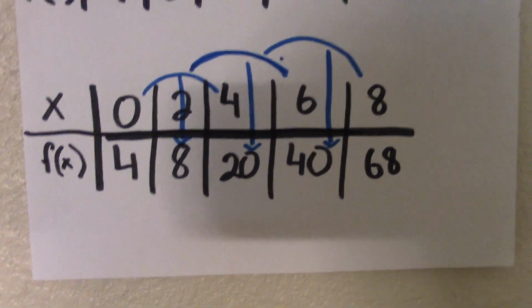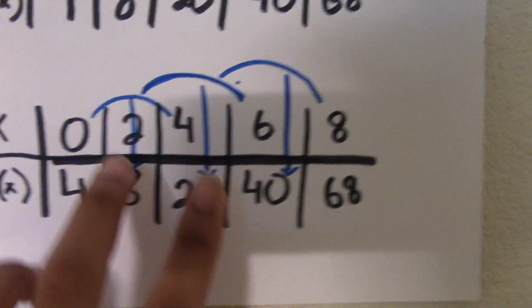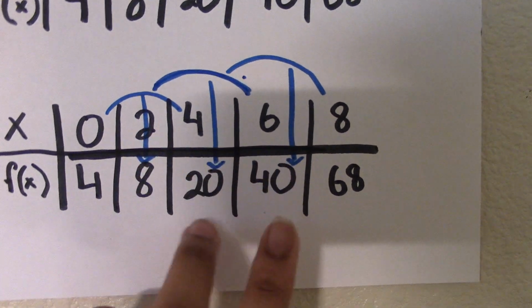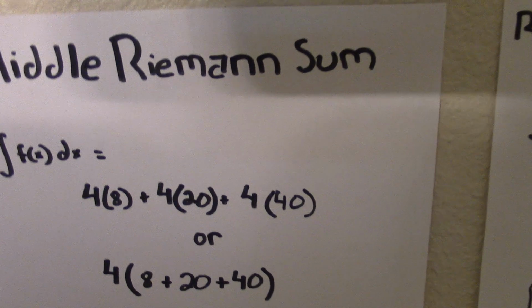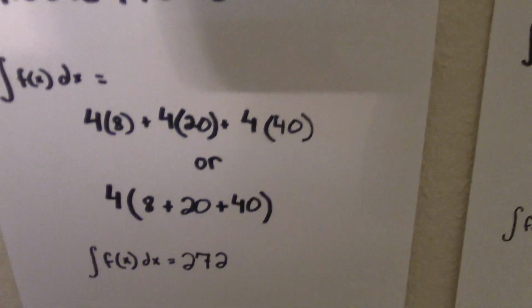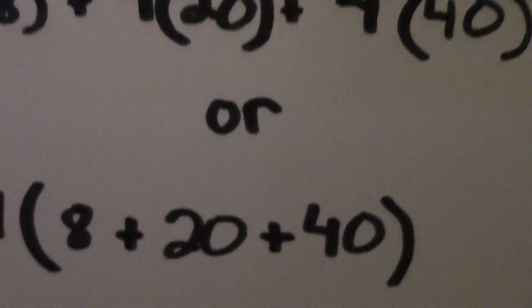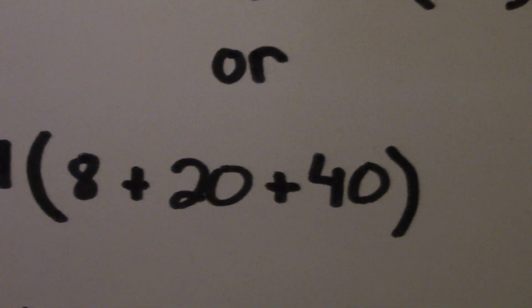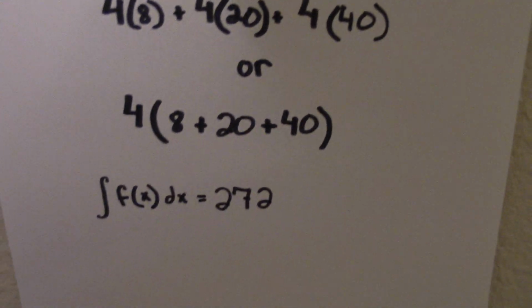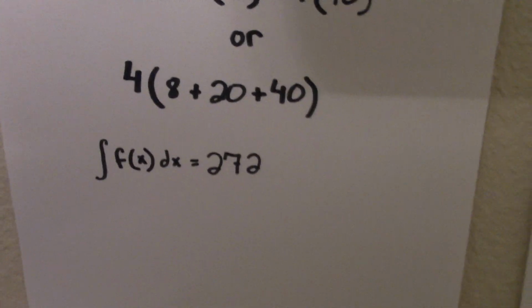So using that 4 times 8 plus 4 times 20 plus 4 times 40, you can write it like that. Or, since again the intervals are the same, you can write 4 parentheses 8 plus 20 plus 40. Now this answer is also 272 with the correct notation.